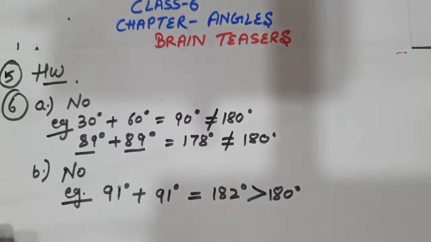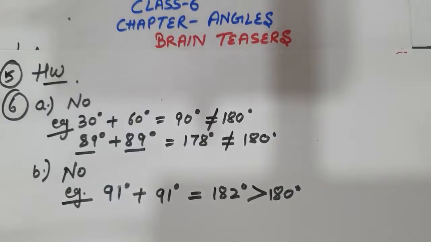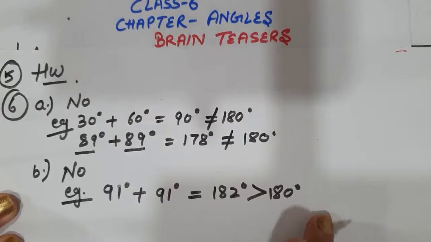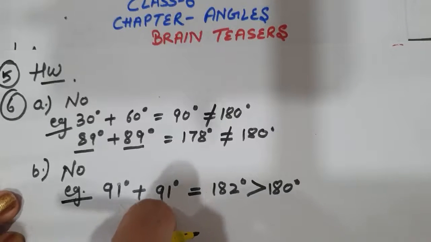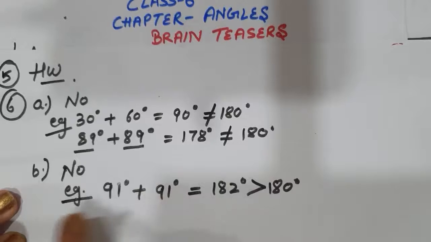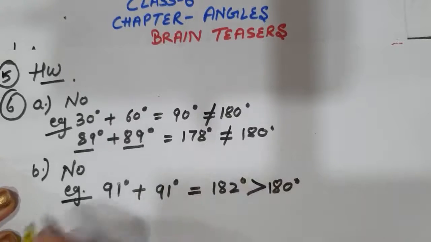For two angles to be linear, it should have the sum equal to 180 degree only. तो 180 डिग्री कभी भी नहीं आएगा, क्योंकि 90 डिग्री को प्लस करेंगे तो 180 आएगा. और 90 plus 90 are right angles. So two obtuse angles can never add up to 180 degree.